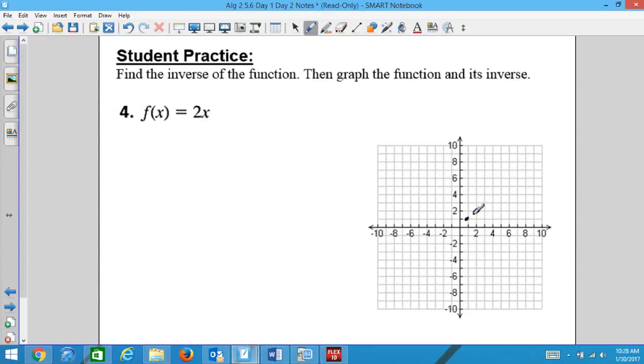Ulterior motive for you. Jared, graph those 3 y equals x lines. Chill. I already got one. Didn't know you wanted all 3. Easy.